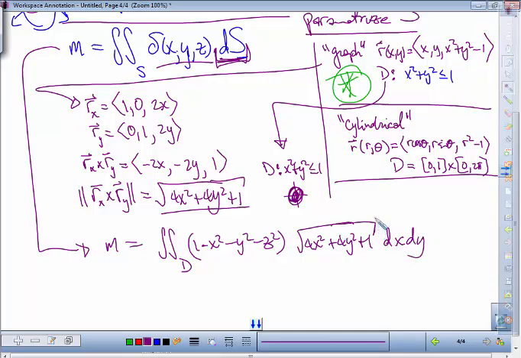So I could put dA there if I want, because I'm not quite ready with the limits of integration yet. But I'll just keep it as dx dy, or dy dx in any order. That would be good.